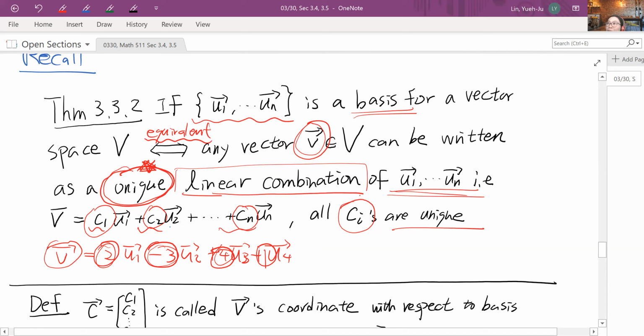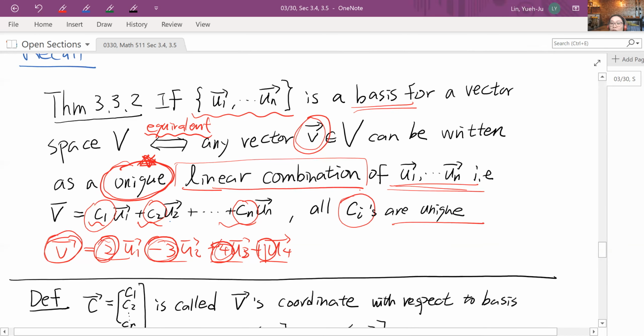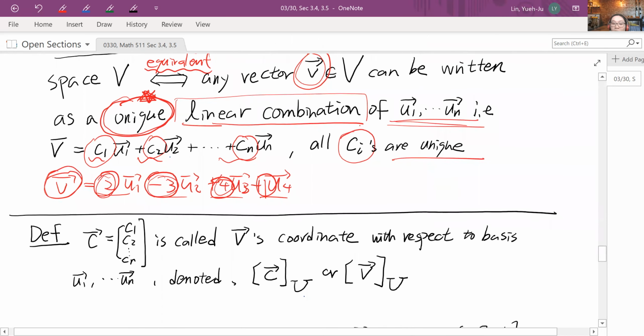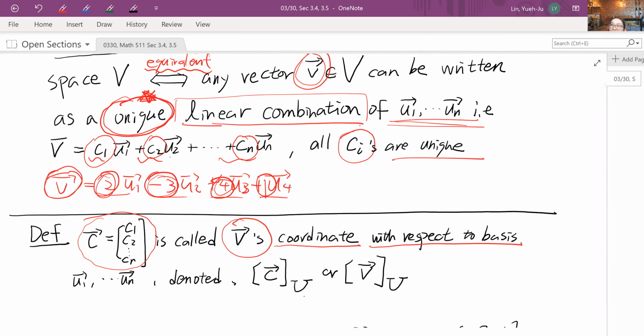Then all these c's, c1 to cn, are what we call the coordinates of v with respect to this particular choice of basis. So this becomes the signature of the vector. But this depends on which basis you're using here, right?